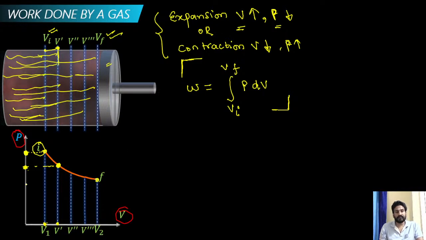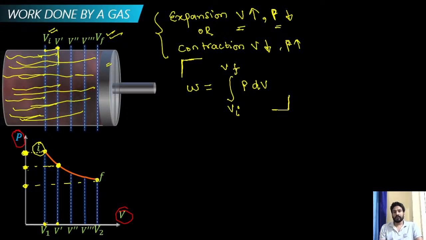The pressure at the final position is this, which is less compared to the initial. Yes or no? So if we plot this experiment in the PV graph, this kind of curve we can get. Is it clear to you?